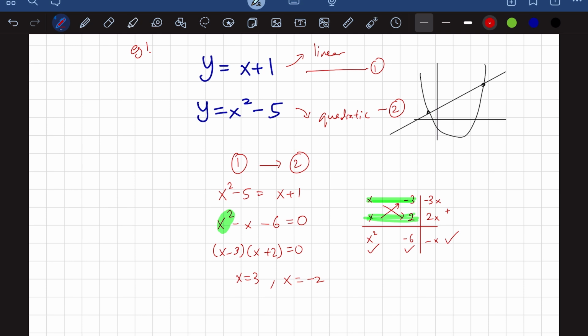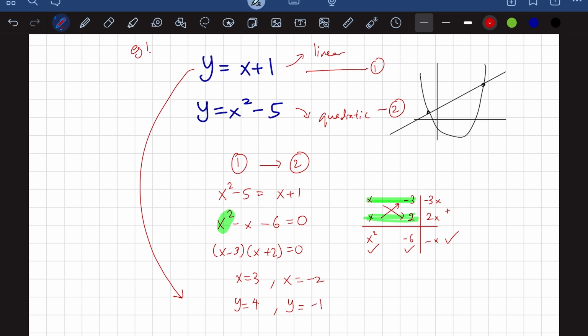All right, so from here, I'm going to find my y value. I will probably use equation 1 to help me. So y in this case will be basically 3 plus 1, which is 4. And for this y here, it will be negative 2 plus 1, which is negative 1.